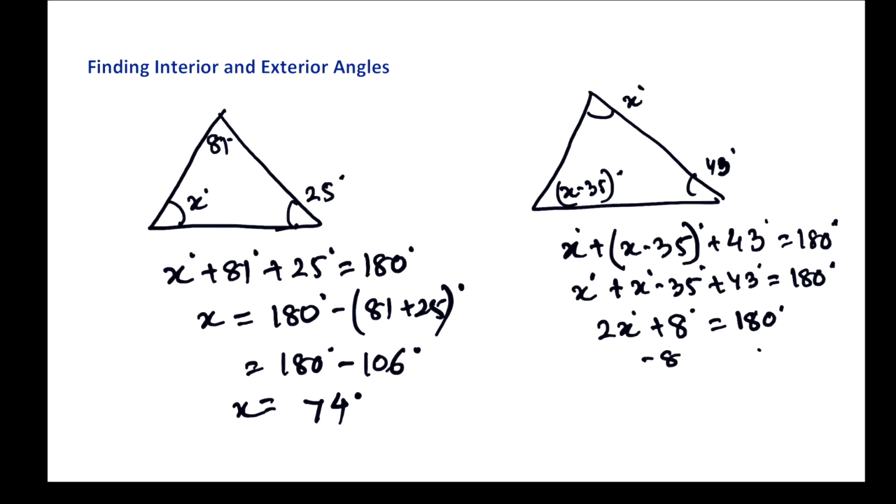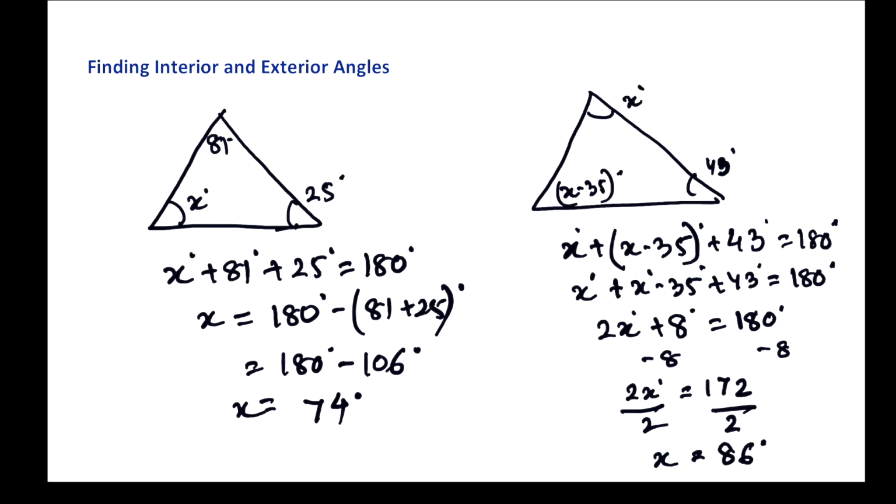I'm subtracting 8 from both sides. So 2x degrees is equal to 180 minus 8, which is 172. I divide both sides by 2. x is equal to 86. Now let's write all the values of the angles.